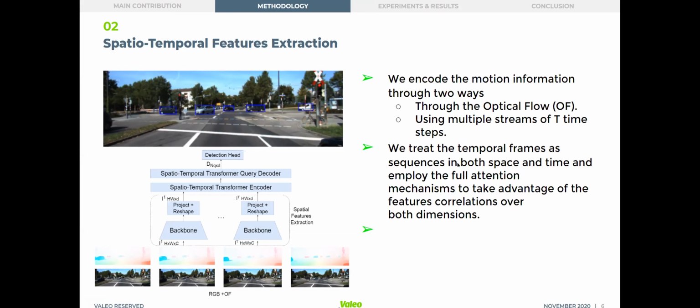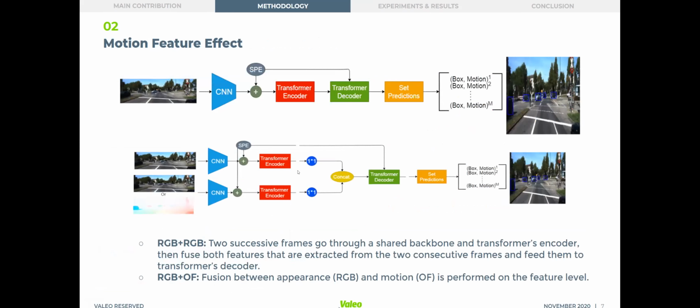We treat the temporal frames as a sequence in both space and time dimensions, employing the full attention mechanism to take advantage of the feature correlation over both dimensions. This is an abstracted overview for extending DETR to handle two streams.